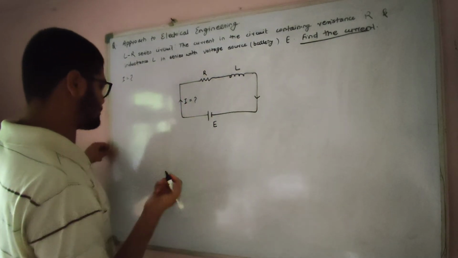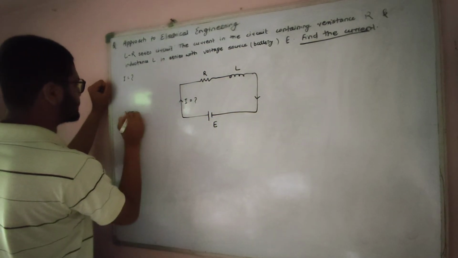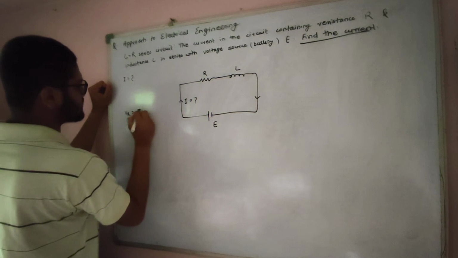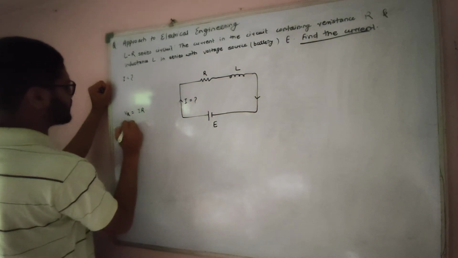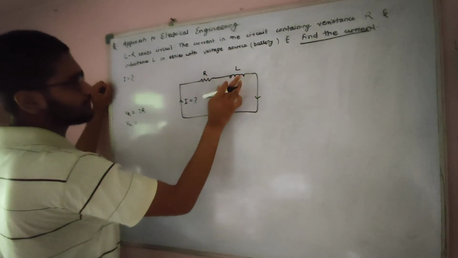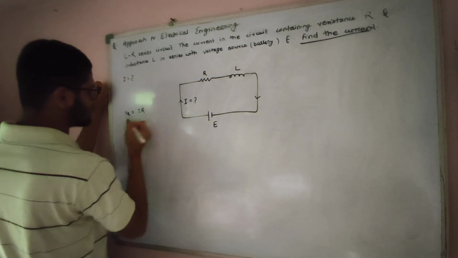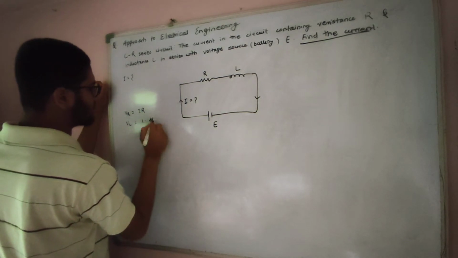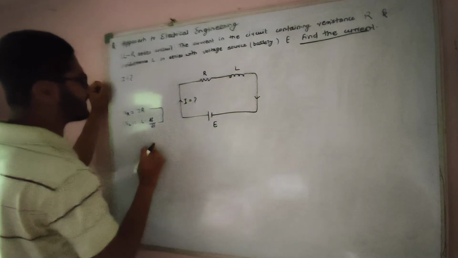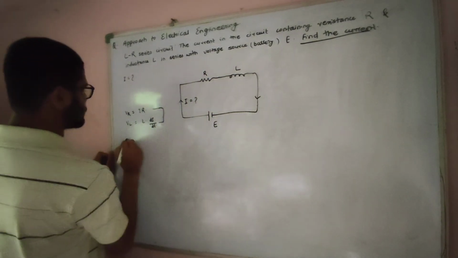Since these are connected in series, let VR be the voltage drop across the resistor, which we know is equal to IR. Similarly, let VL be the voltage drop across the inductor, which is equal to L times di by dt. Using both relations, we can find the value of I.